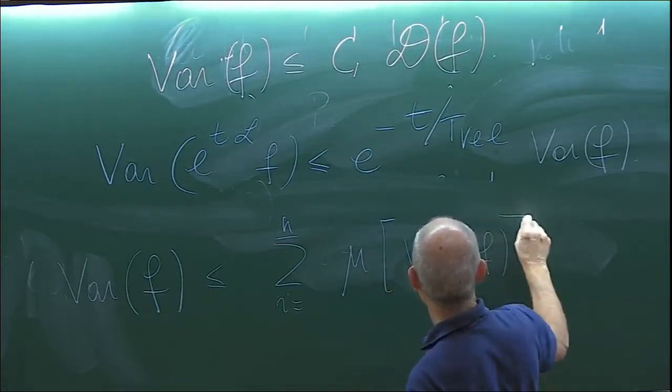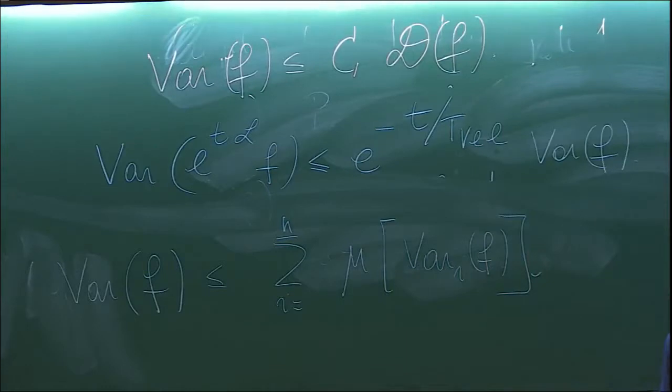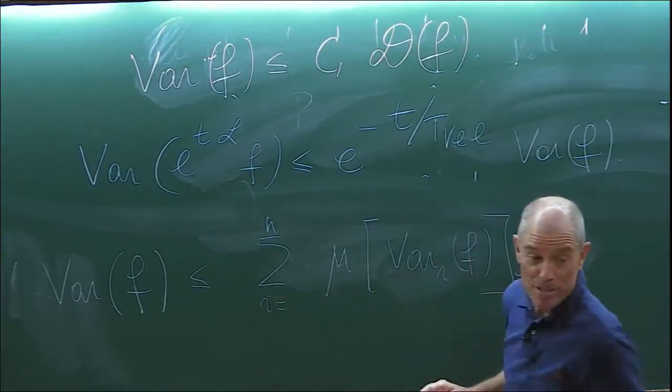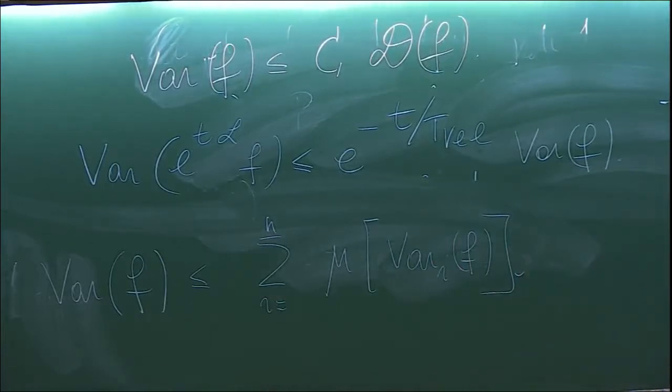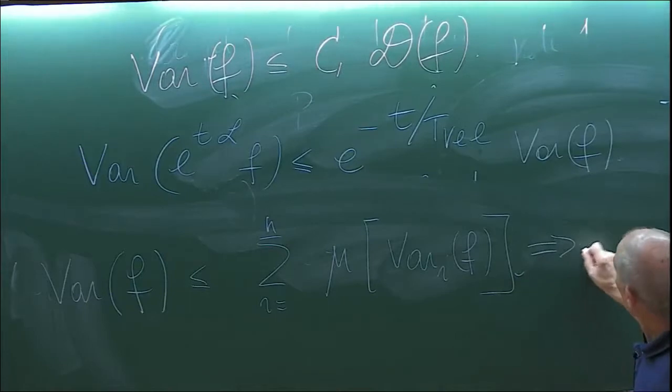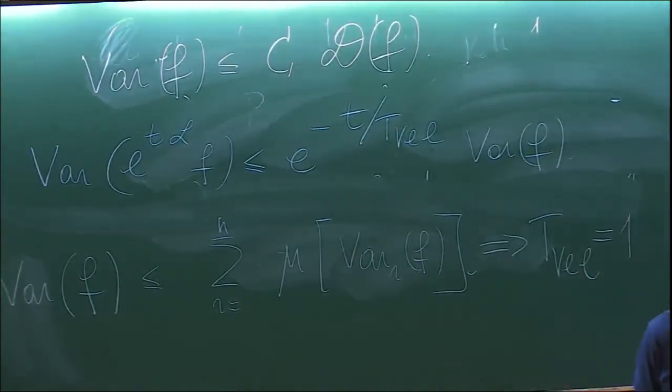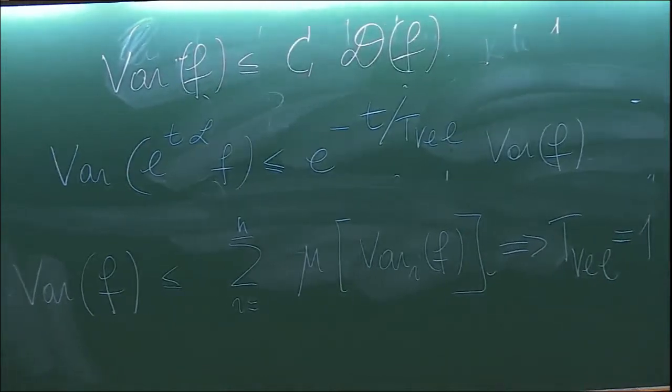That is a general fact about product measures. But this expression here just happens to be the Dirichlet form, and therefore, in this case, T_rel is 1. Of course, you could have computed that in many other ways, but for this chain the relaxation time is 1.